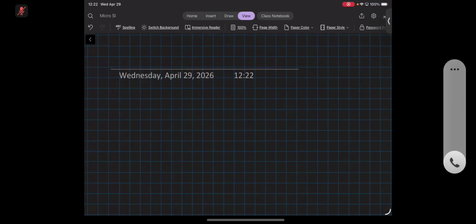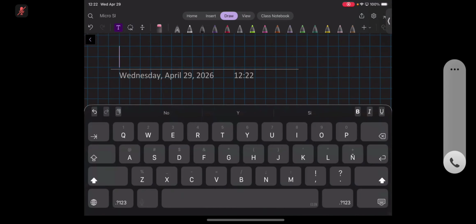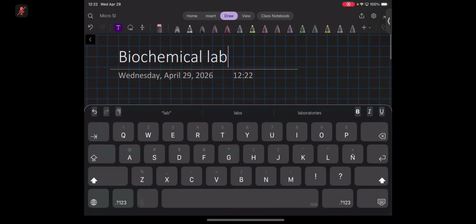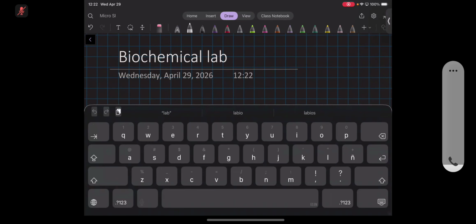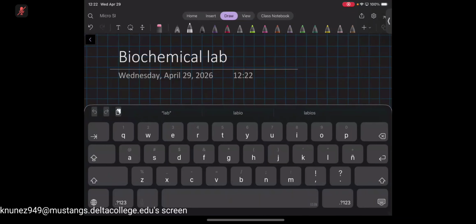Today we are going over biochemical. Biochemical. So, stains tell you what? In morphology.